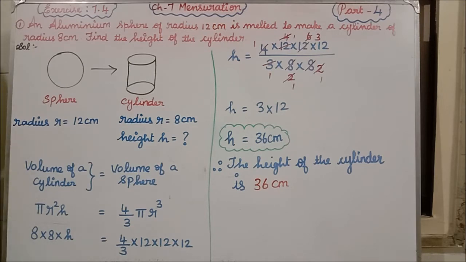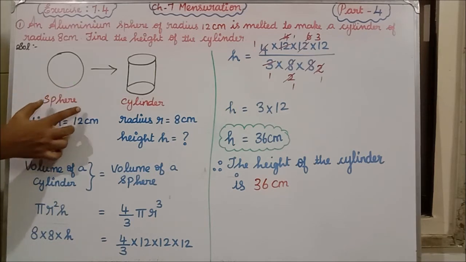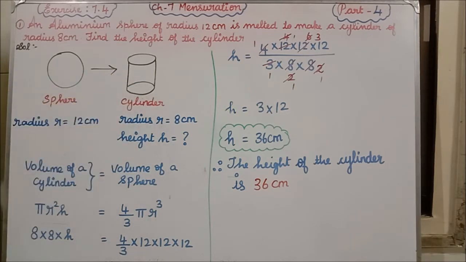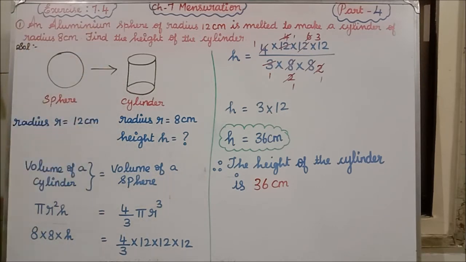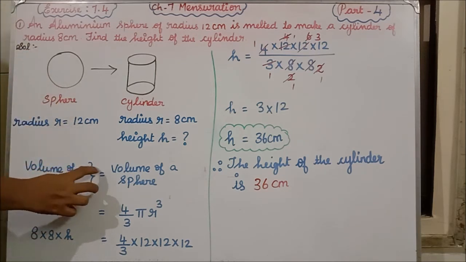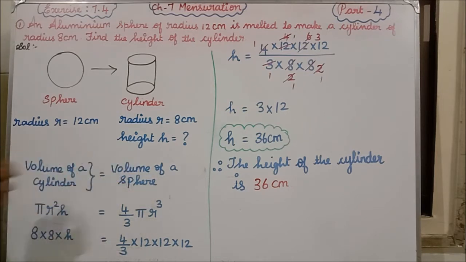Yes. Here we are talking about two shapes, and the first shape is sphere and the second shape is cylinder. We all know for sphere we need only the radius, isn't it? For cylinder we need radius as well as the height. Now, I am going to first write volume of a cylinder is equal to volume of a sphere.